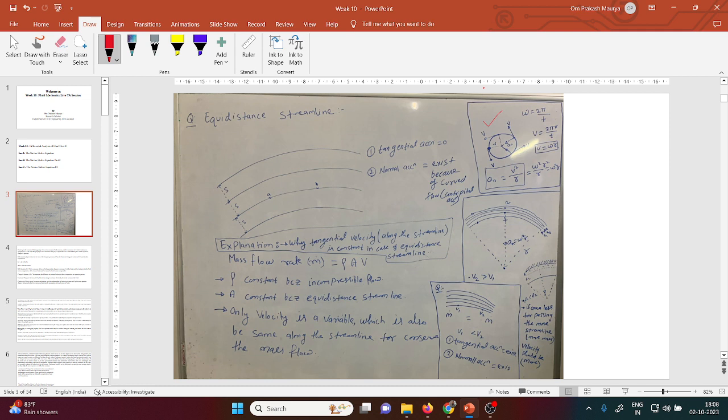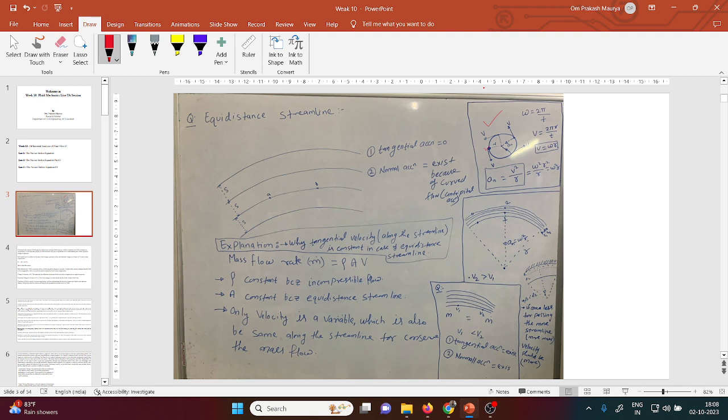Let's say this particle is moving on a circular path. Say a stone is tied with a wire, or a string, and some rotational motion is given to the stone.